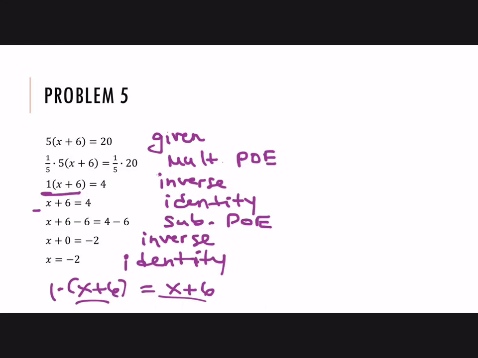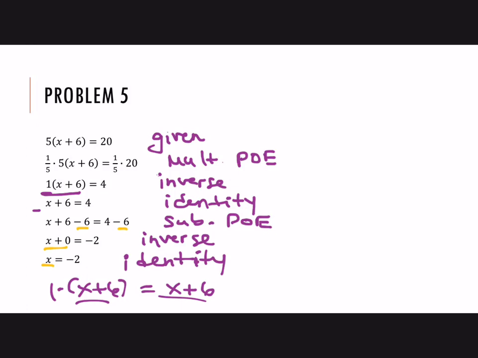Next, we subtracted 6 from both sides, so that's the subtraction property of equality. You could also say addition property of equality. Then next we have 6 minus 6 is 0, that's the inverse property. And then finally, the last change is that x plus 0 is replaced with just an x, and that's the identity property.